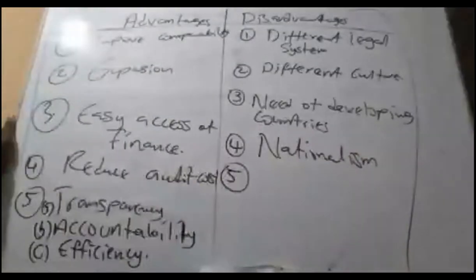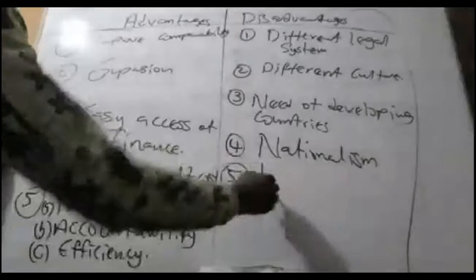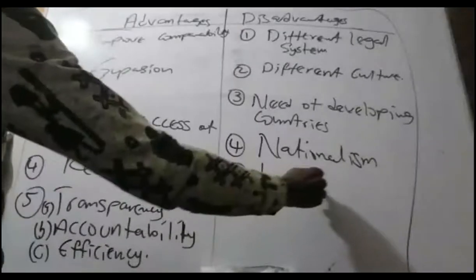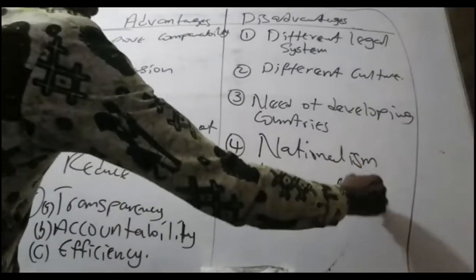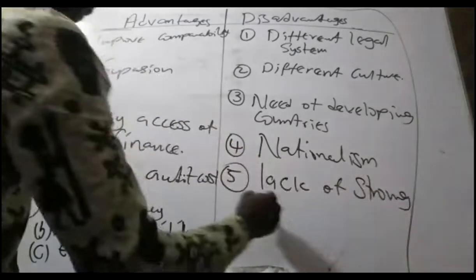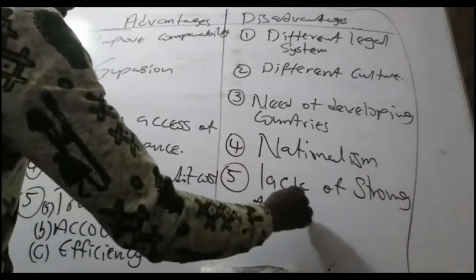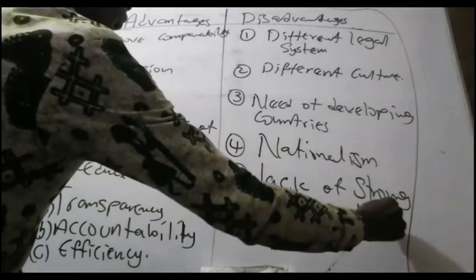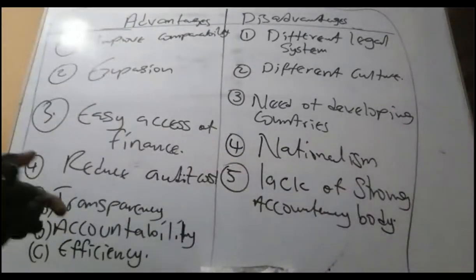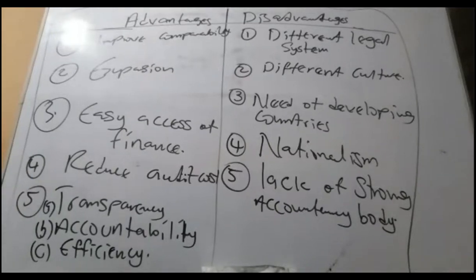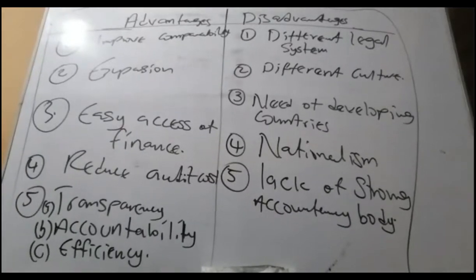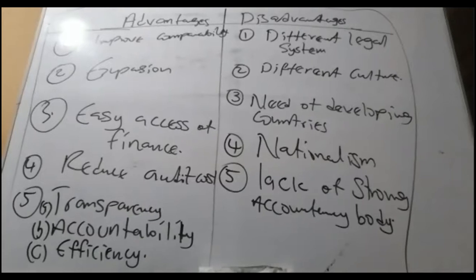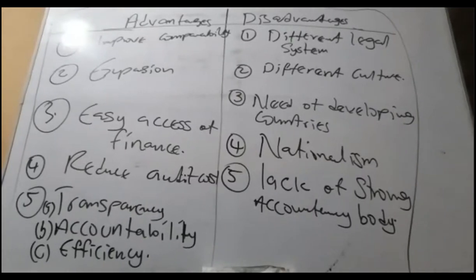Number 5, lack of a strong accountancy body. If that country does not have an accountancy body that will enforce the use of the IFRSs, that country will not adopt it too.